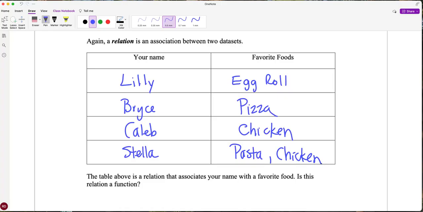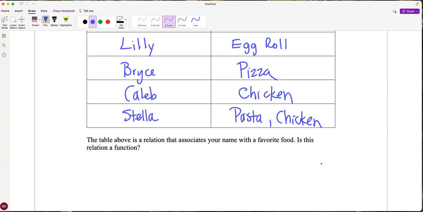Now let's look at this. So the input was what? The name, and the output was the food. So what is the domain? The names. So Lily, Bryce, Caleb, Stella.